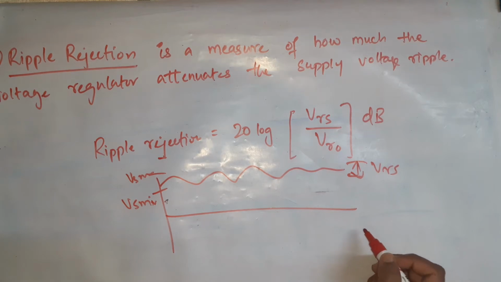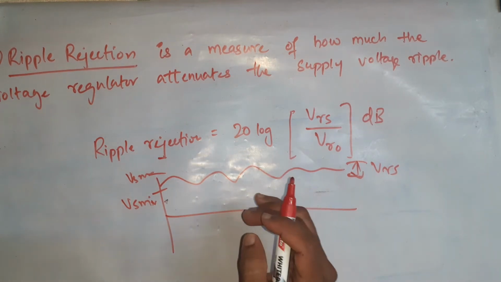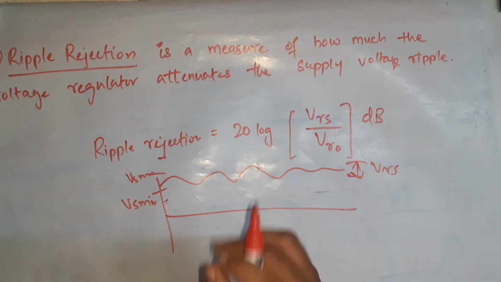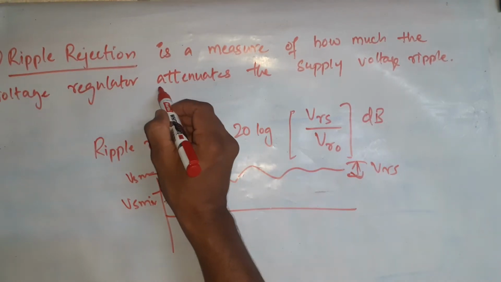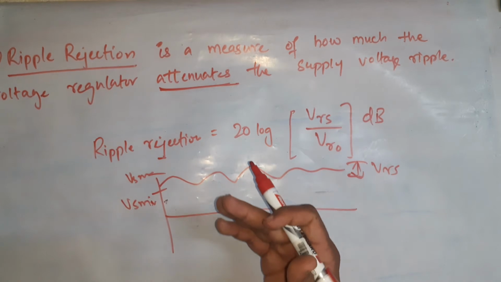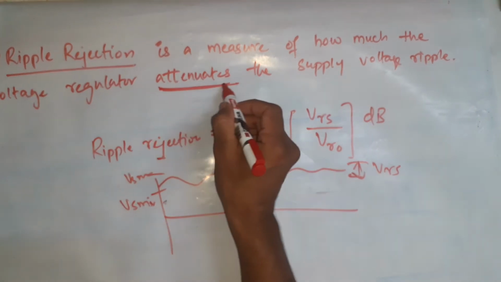Now the job of the regulator is to remove these ripples. To remove them, we use the term attenuation. Attenuation means which removes, which subtracts. As I have told you, it is the opposite of gain.